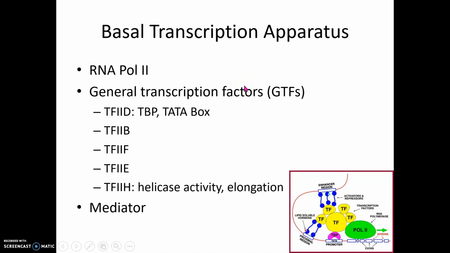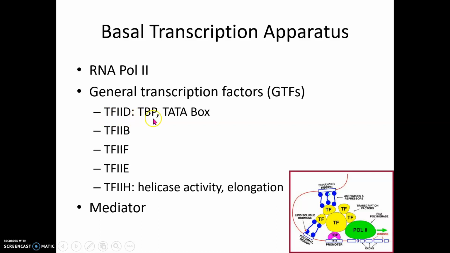Some of those factors are, so RNA polymerase 2 here, because most of what we're talking about is going to be Pol 2, general transcription factors. So we're going to go into a little bit of detail about just these 5. So TFIID is T for transcription, F for factor, II for polymerase 2, and this is just type D. So these are transcription factors for polymerase 2 and whatever the type is.